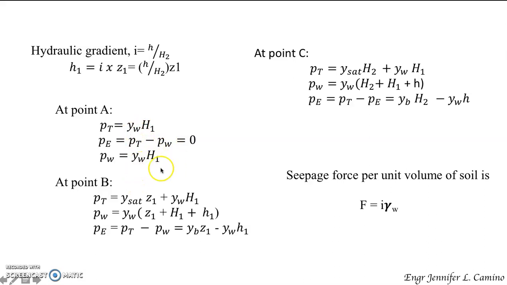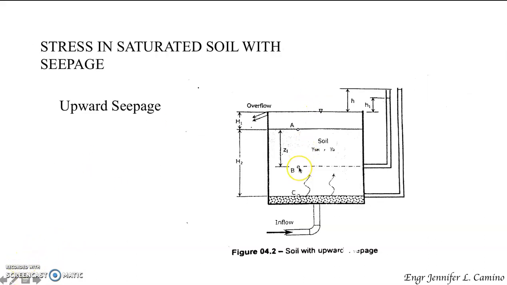because we have the same value for the total stress and the pore water pressure. Now at point B, the total stress would be equivalent to Z sub 1 times the unit weight of this portion plus H1 times the unit weight of the water.